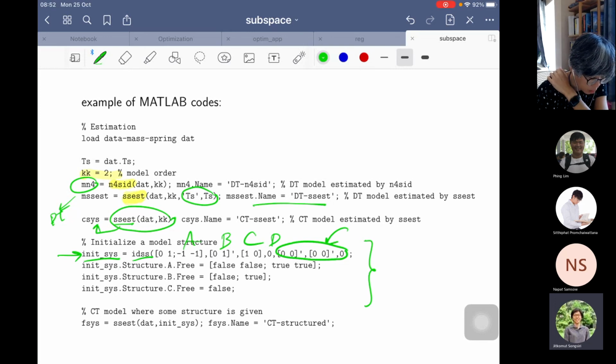Then I specify the structure of A. The indices form a structure variable in Matlab, so you go to the subfield A and free, to specify which entries should be the free parameters.